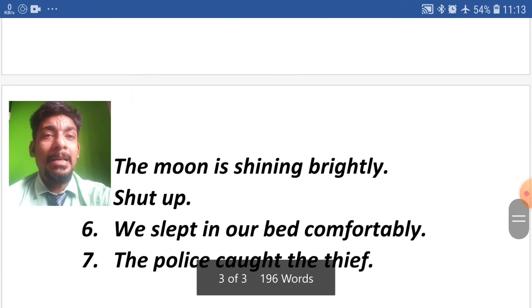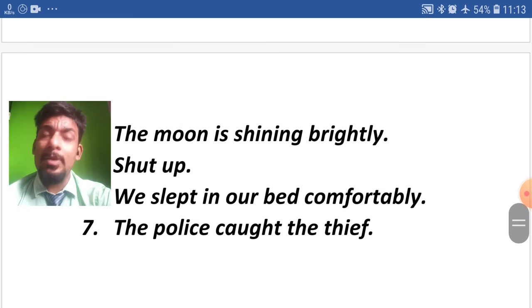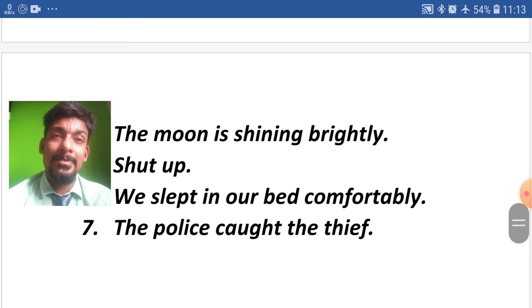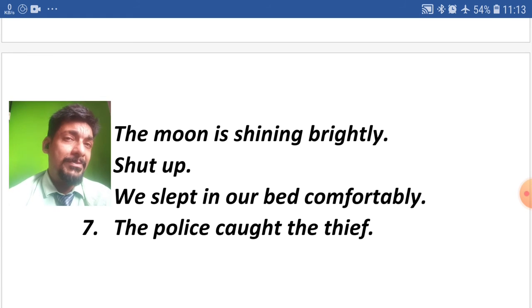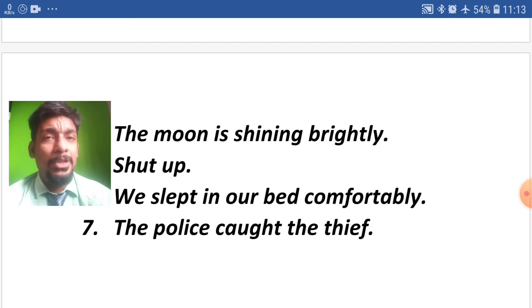Now, coming to the 7th question, means the last question. The police caught the thief. In this question, the police is the subject. Caught is a verb, which comes under the category of main verb.